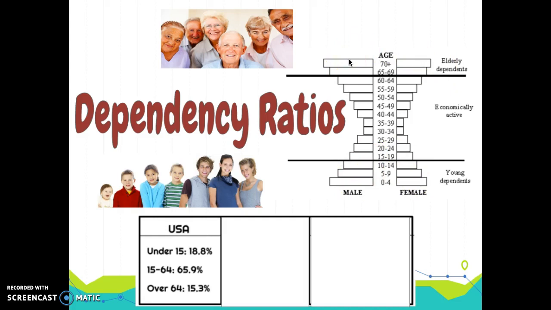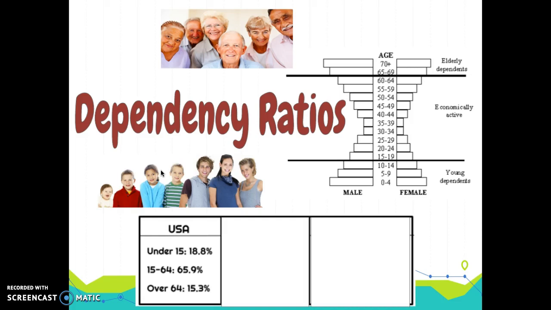And also, the greater the dependency ratio, the greater the burden of the government to provide certain types of public services or infrastructure. Okay, so for instance, if we have a really high elderly dependency ratio, there'll be certain infrastructures and things that the government will need to provide versus a youth. Those are very different.